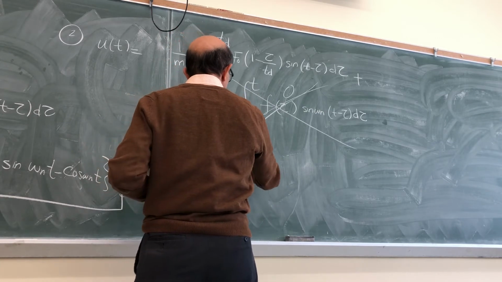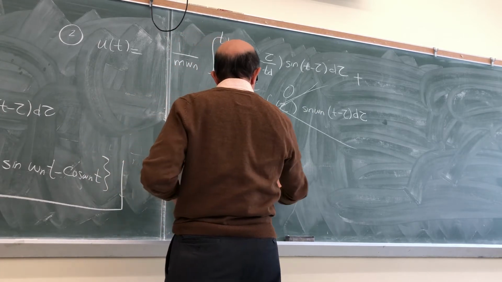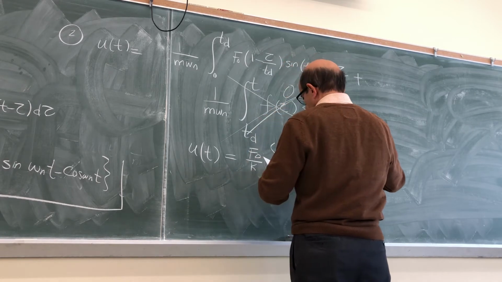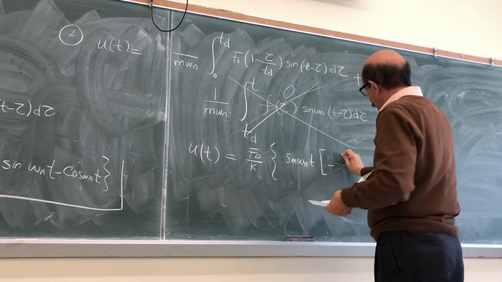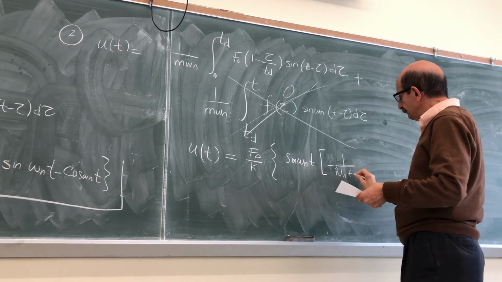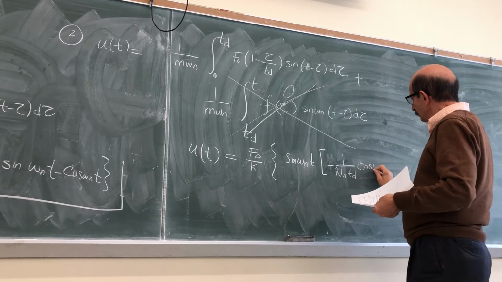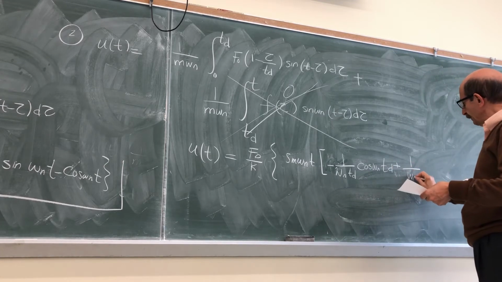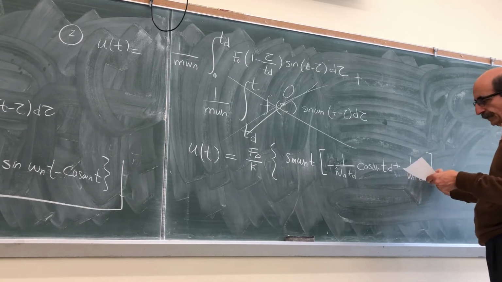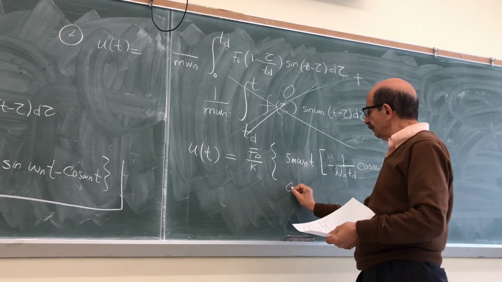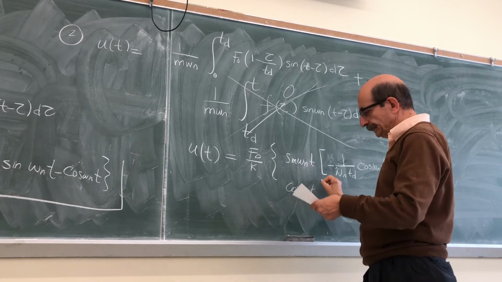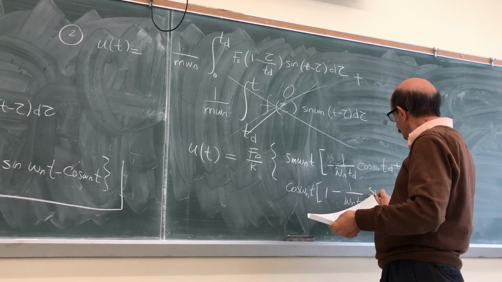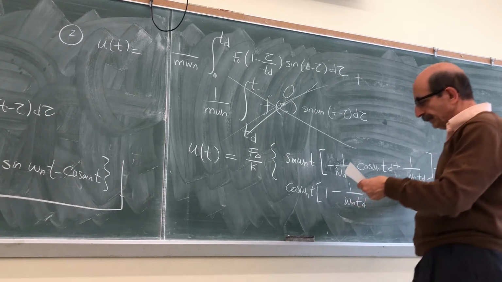If you do that, you end up with something like this: sine omega n t times minus 1 over omega n td cosine omega n td plus 1 over omega n td, minus cosine omega n t times 1 minus 1 over omega n td sine omega n td.